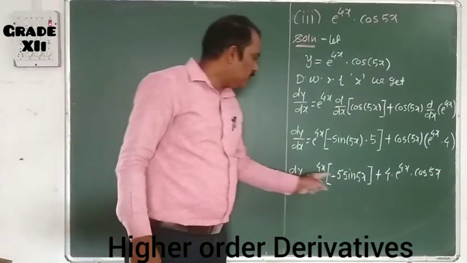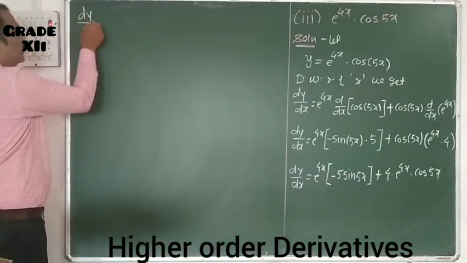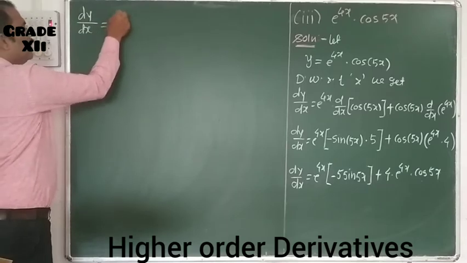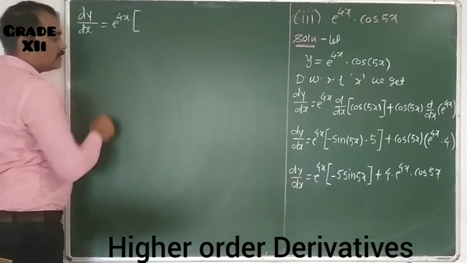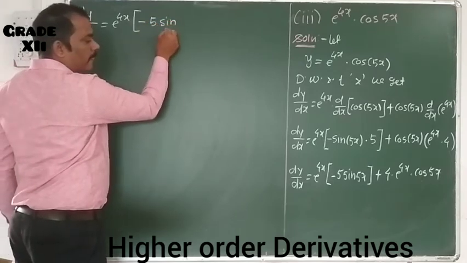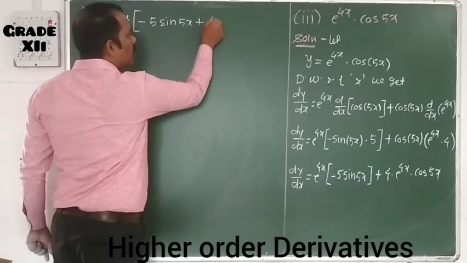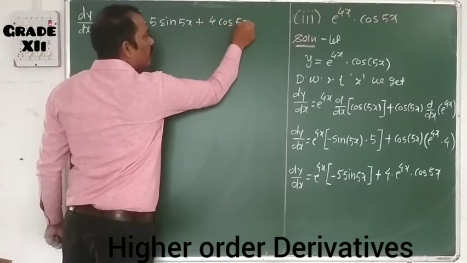We have to take e raised to 4x common, so that dy by dx is equal to e raised to 4x into bracket minus 5 times sin of 5x plus 4 times cos of 5x.